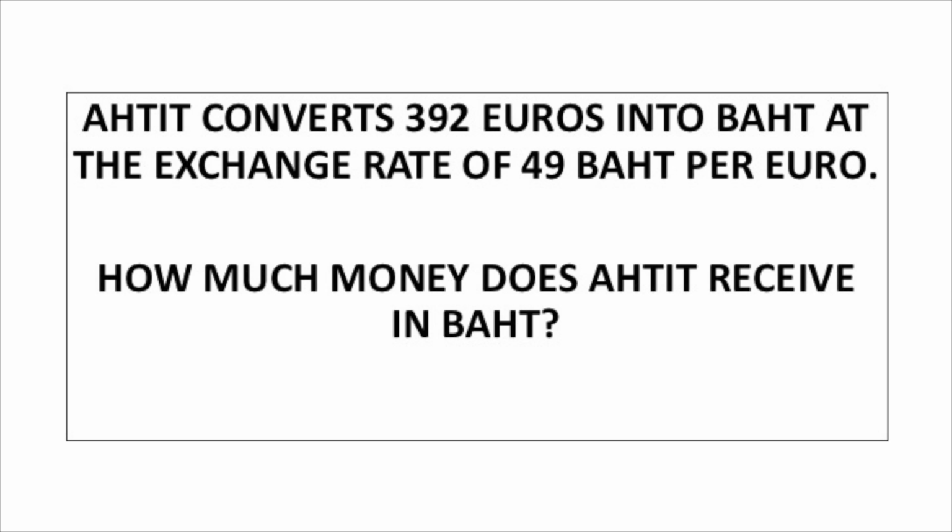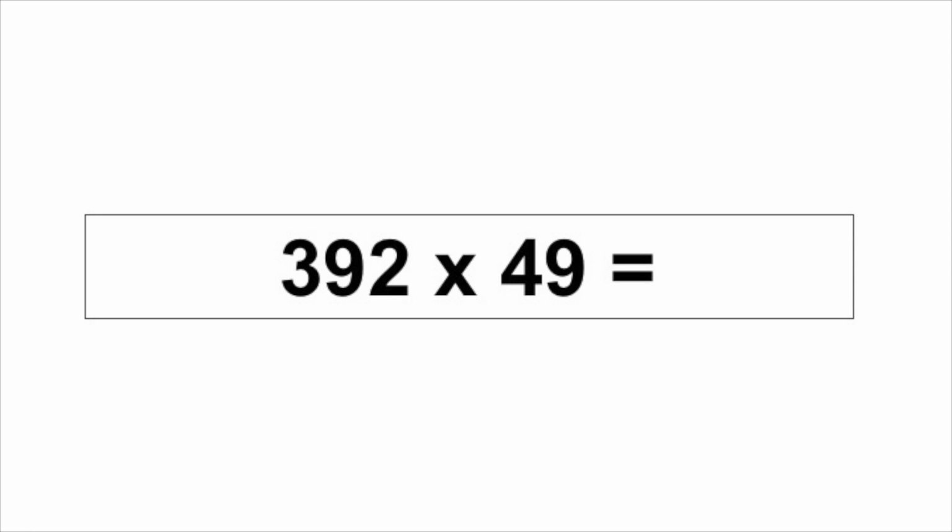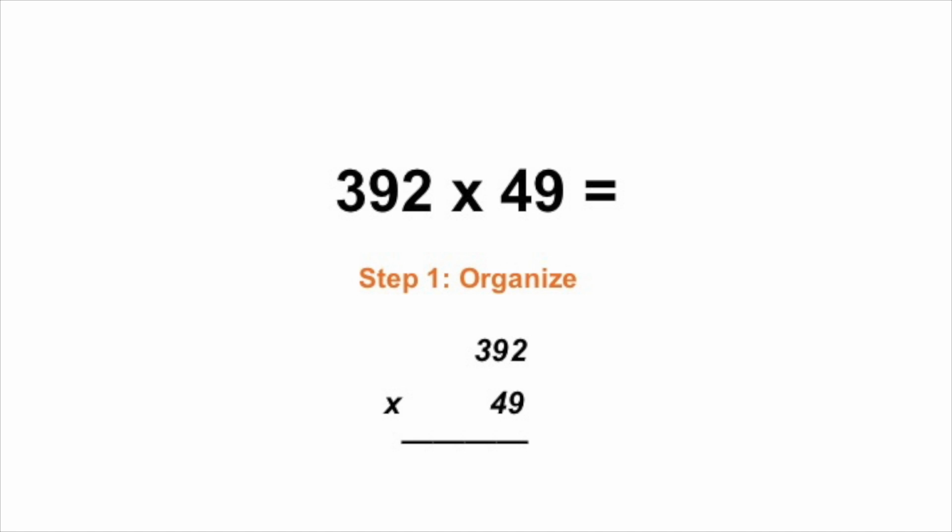Excellent. Very important. First step, identify the numbers. And as you've already said, we have 392 multiplied by 49.